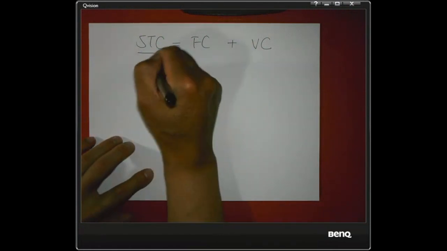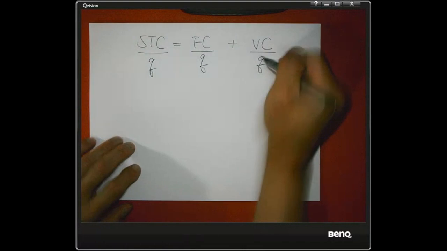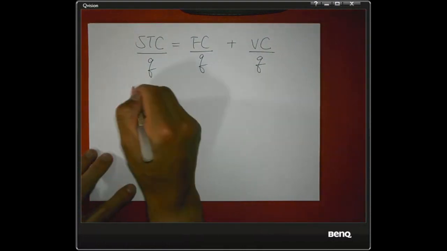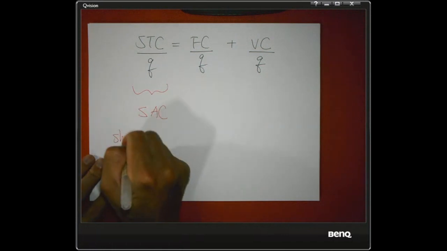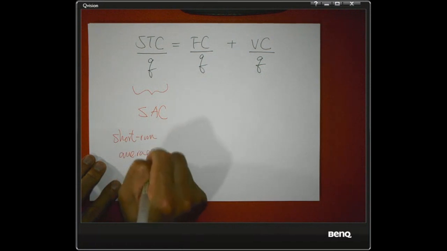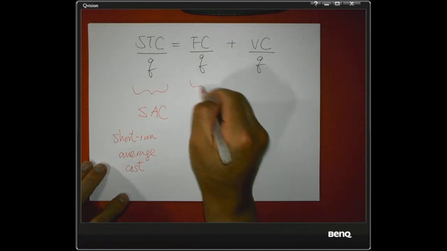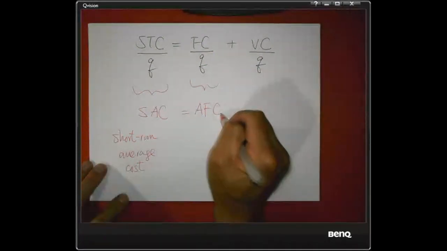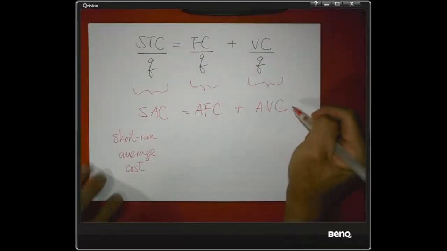And if we divide everything by output, this becomes the short run average cost, and this is the average fixed cost and the average variable cost.